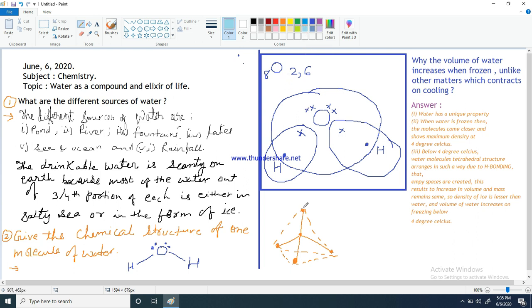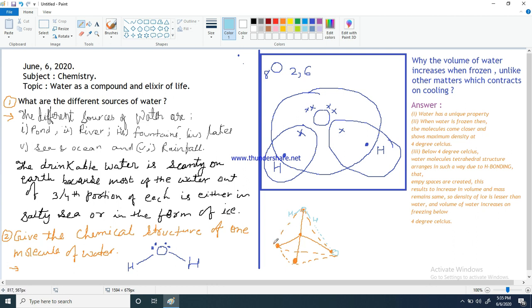So I will just take like this. This is oxygen, hydrogen, hydrogen, hydrogen, and it is bonded with this oxygen.